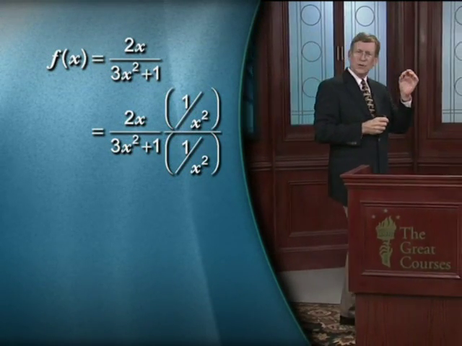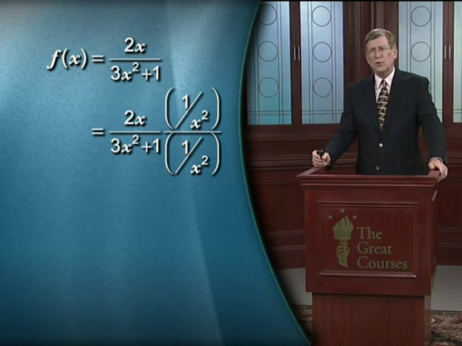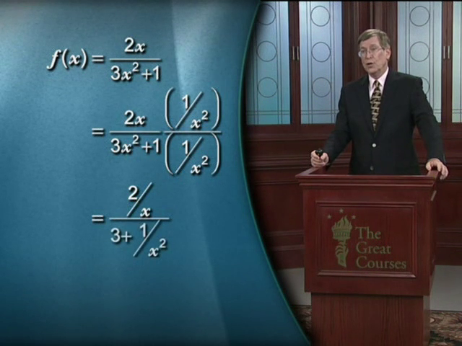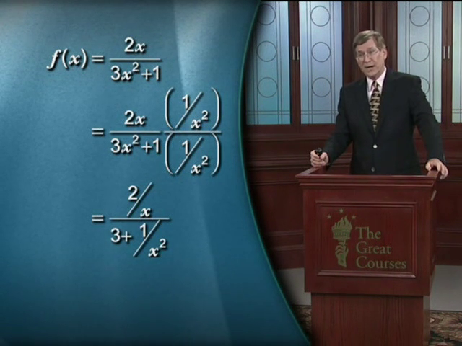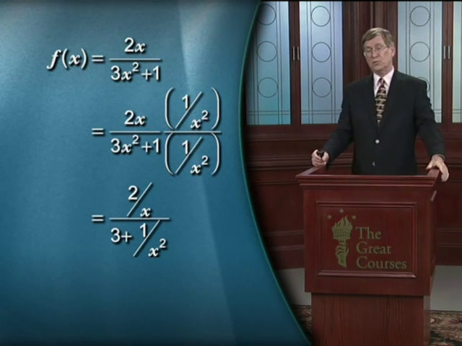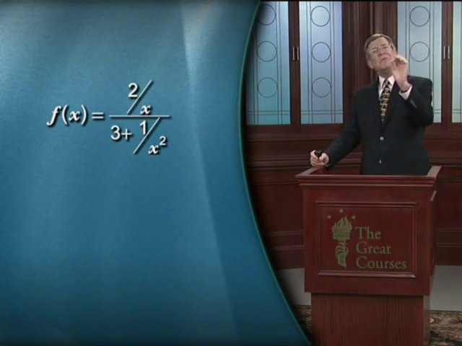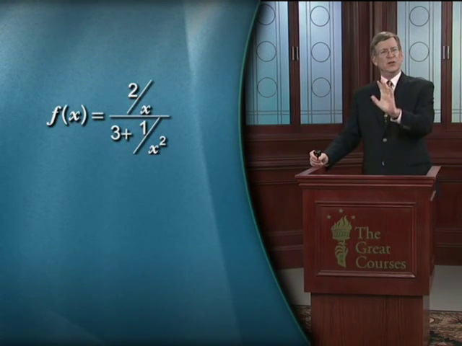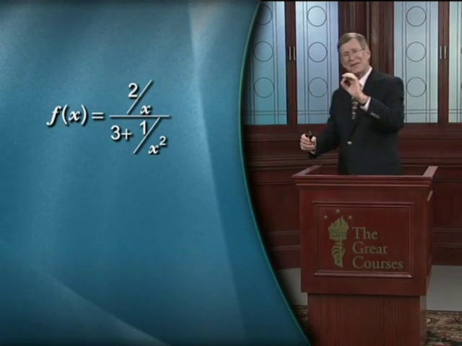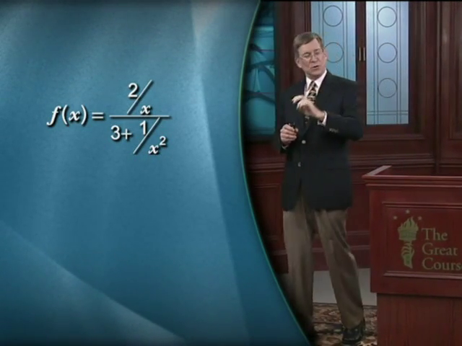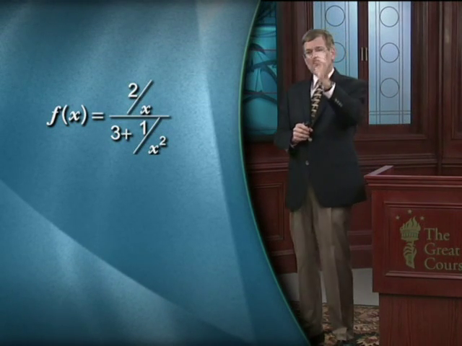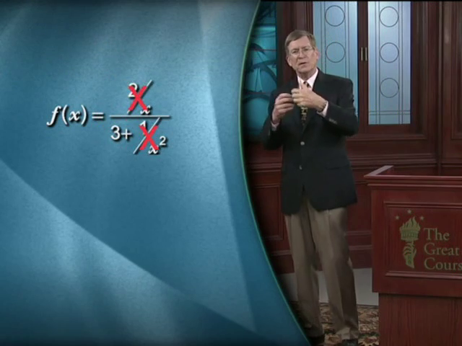What happens to the numerator? 2x times 1 over x squared is just 2 over x. And the denominator becomes 3x squared times 1 over x squared, so that's just 3, and then plus 1 over x squared. So we've rewritten the rational function in a new form, but this form is easier to understand because look, when x goes to infinity or to minus infinity, when x gets really, really big, like a billion, the 2 over x and the 1 over x squared die off.